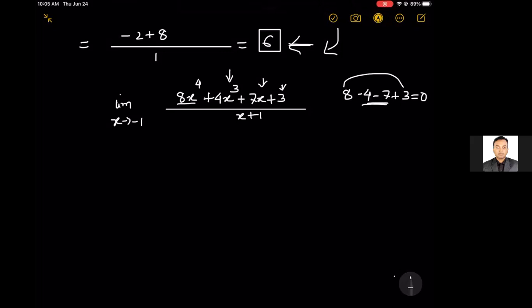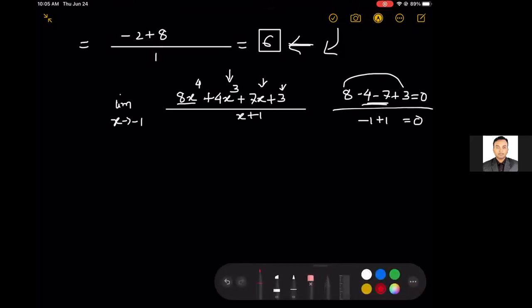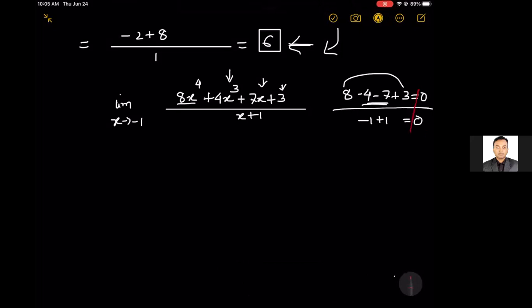Let's check the denominator as well. We have -1 plus 1, which is 0. So if we plug in -1 in place of the x's, we have 0/0, which is indeed the indeterminate form. Do you agree?